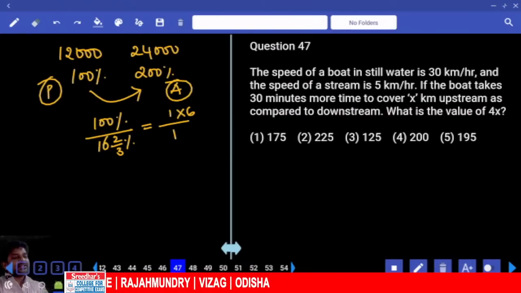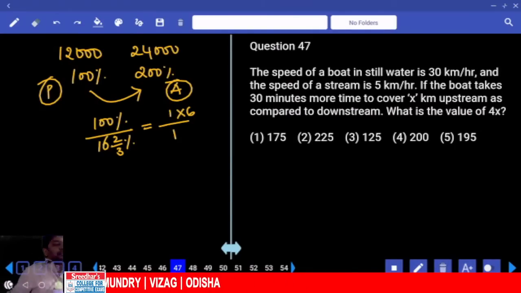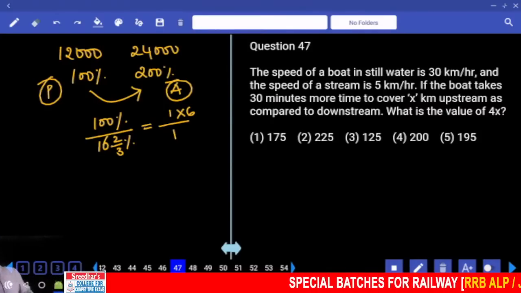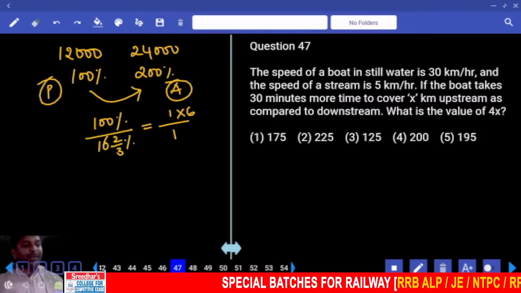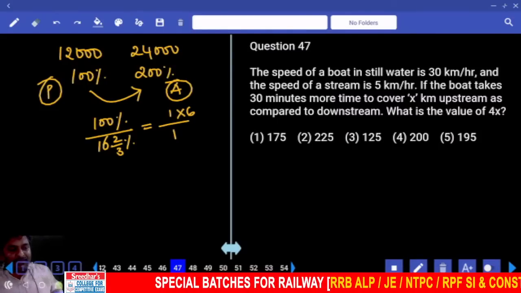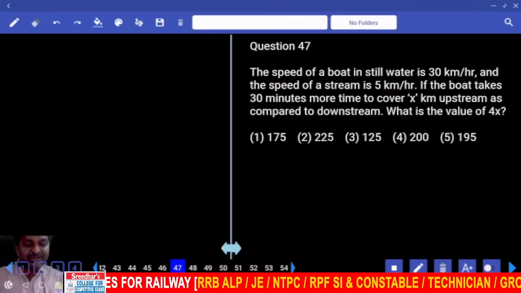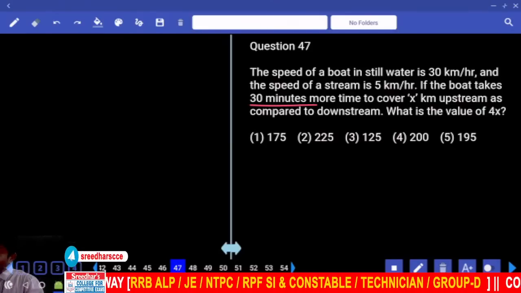The speed of the boat in still water is 30 km per hour. M is 30. The speed of the stream is 3 km per hour. S is equal to 5. If the boat takes 30 minutes more time to cover x kilometers upstream as compared to downstream, what is the value of 4x? How much time is it taking? In which stream?